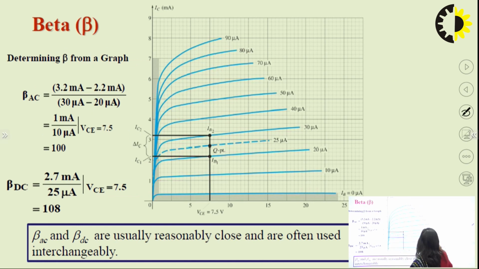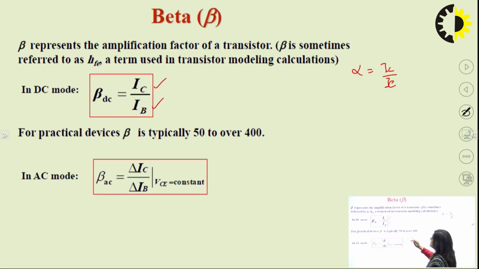So it is IC upon IB. When we use the DC signal it is IC upon IB, and if we use the AC signal then it is delta IC upon delta IB, while keeping VCE constant. Generally the value of beta is taken as 100, lying between 50 and 400.